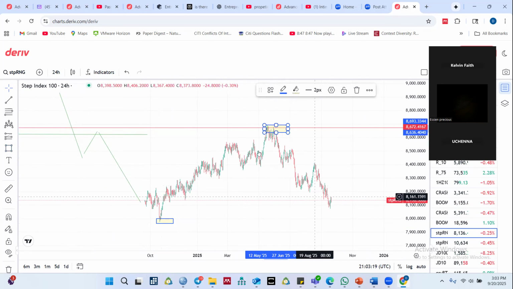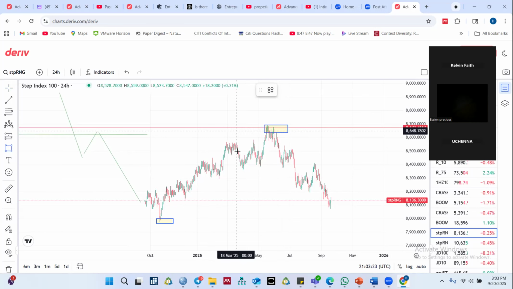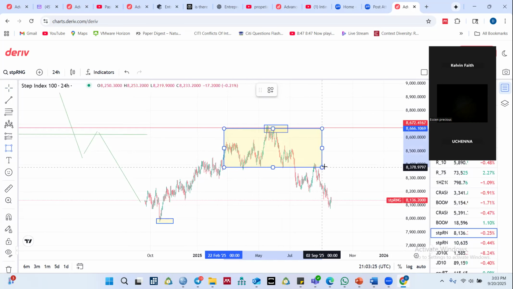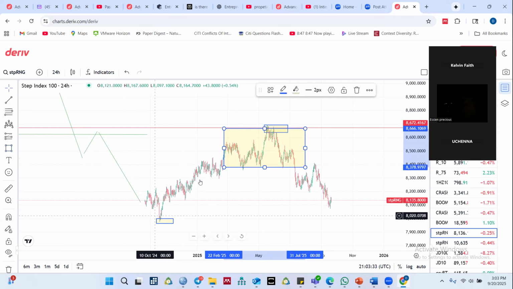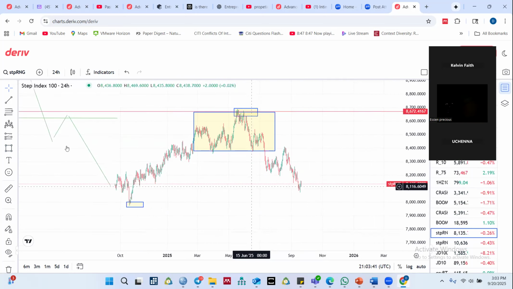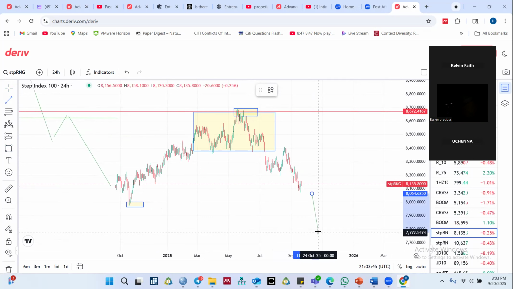So this drop and this up here, we have a head and shoulder pattern here. What we see here is a reversal to the buy. So this should be strong to hold price to give us a new low, probably a new low.